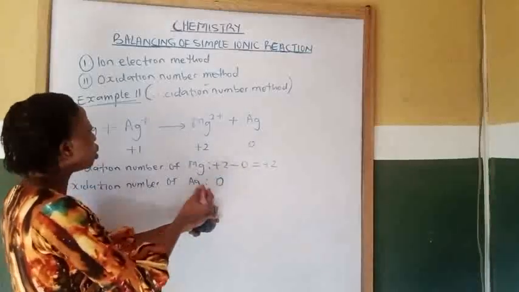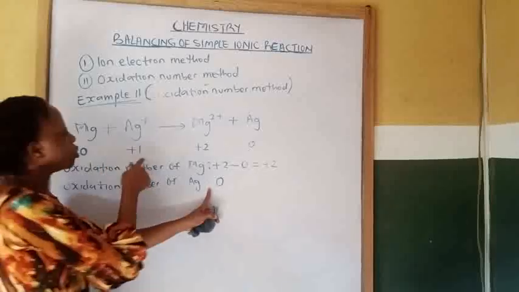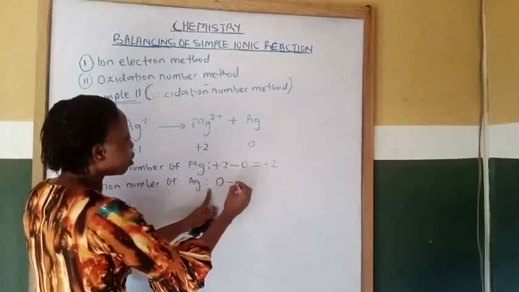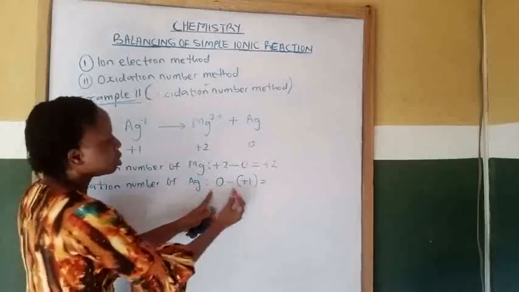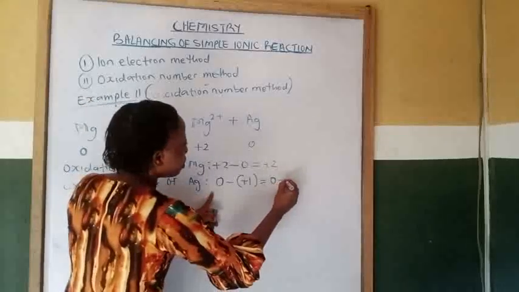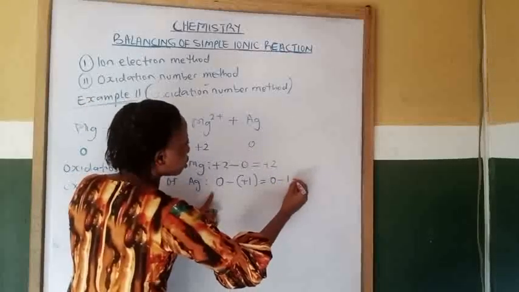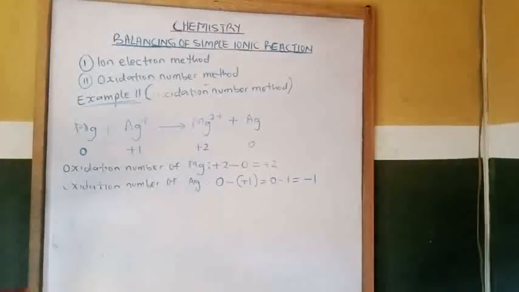So that will be 0. Then at the reactant side, we have 1. So that's 0 minus plus 1, which is equal to minus 1.